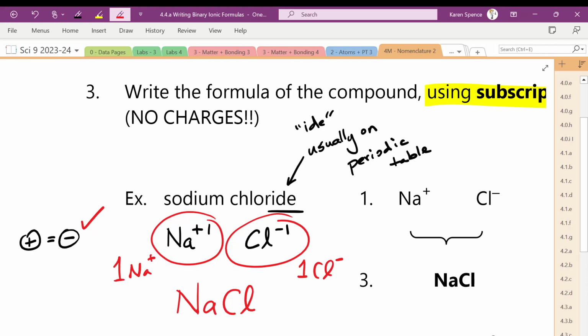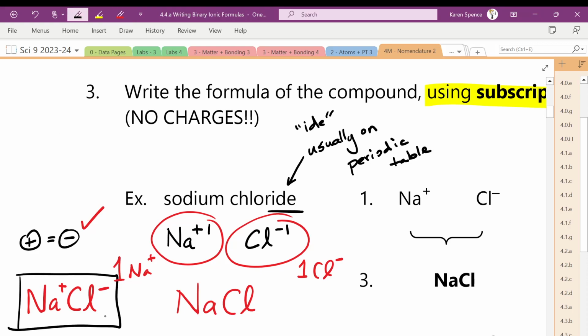Now I'm going to give you one more option here. Which option do you like better, option A or option B? Tell your partner which one you like better.